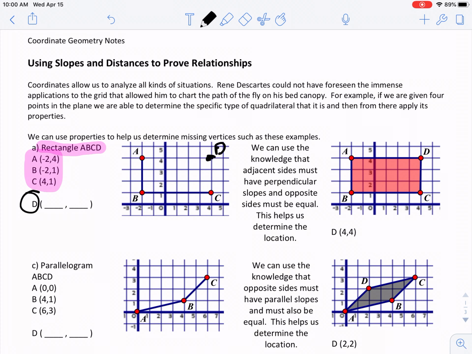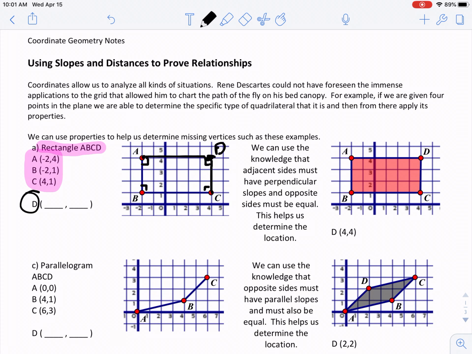Why? Well, in order for this to be a rectangle, a rectangle has to have 4 right angles. If we look at that, that's true. It also has to have opposite sides that are parallel because it's a parallelogram too.